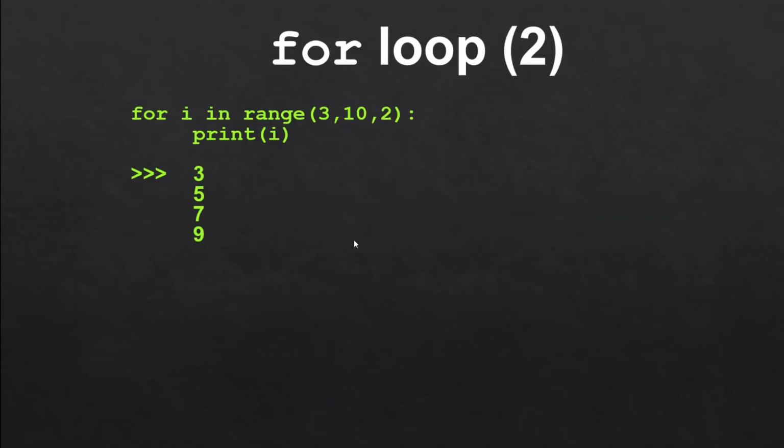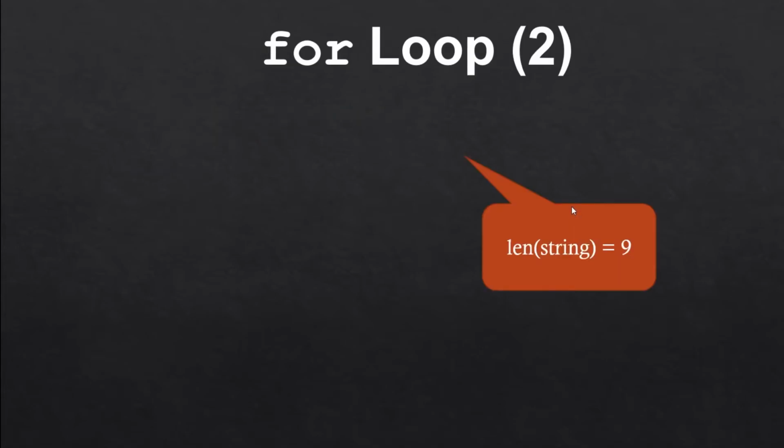If we look at 3, 10, 2, I'll be starting from 3, ending at 9 with a step of 2. So I'll be doing 3, 5, 7, 9. After that, you will stop, because if you go more than that, you will be beyond the range of 10.